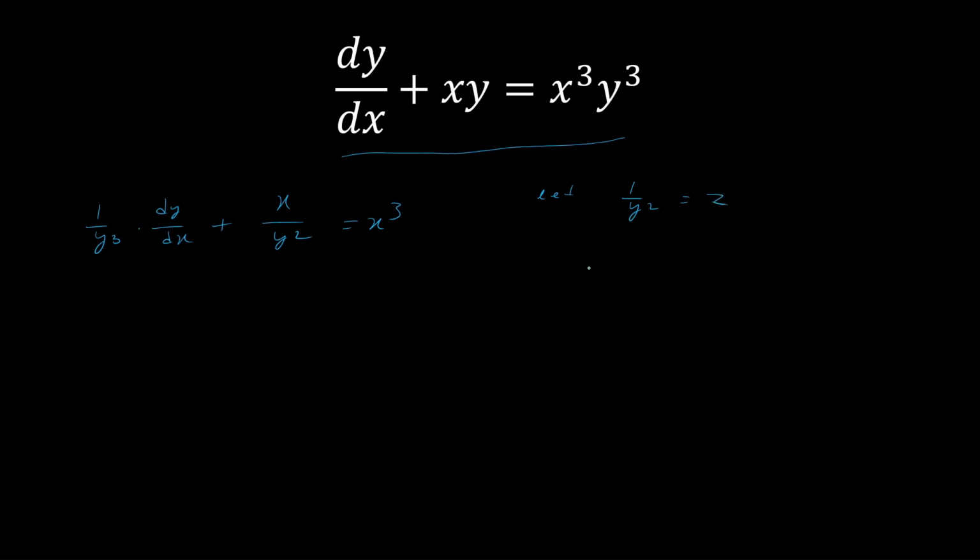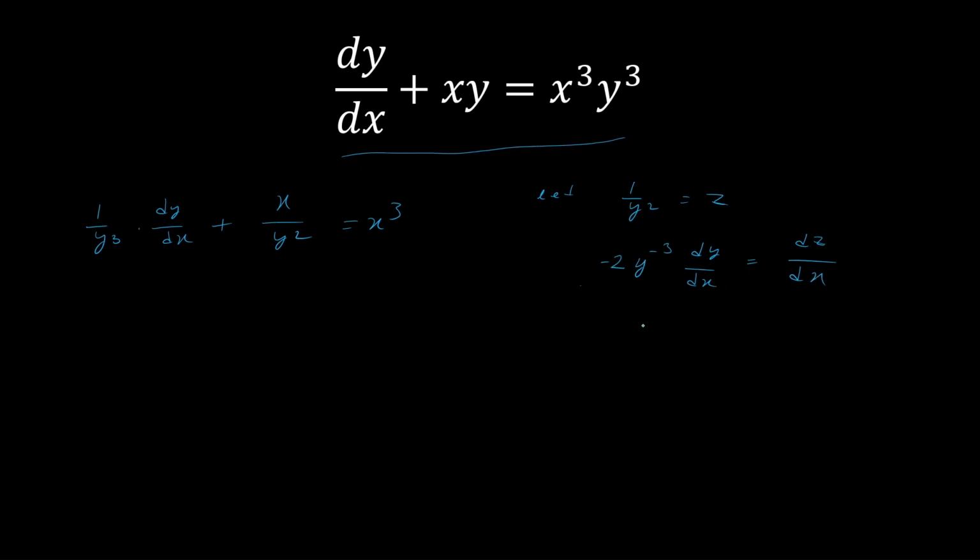If we differentiate it on both sides, that will be minus 2 y to the power minus 3 dy/dx is equal to dz/dx. Now look at this minus 2.